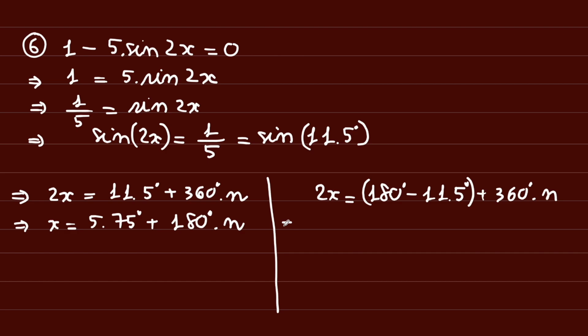And how about the second general solution? Okay, here is x, 180 minus 11.5. After that, divide by 2, one more step, you got 84.25 divided by 2, 42.125... you got 20.25 degree, and here is 180 degree multiply n. Okay, that is question 6.